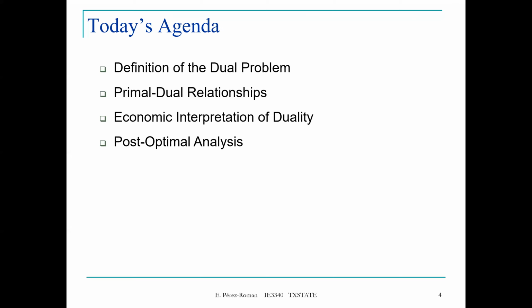So that's what we're going to call the primal. And from the primal, we are going to define the dual. So we want to understand the relationships between them. Also, as part of this lecture, we're going to study the economic interpretation of duality and the post-optimal analysis.